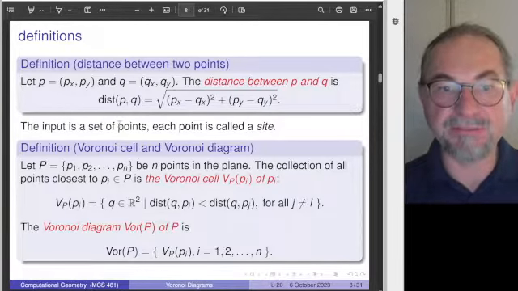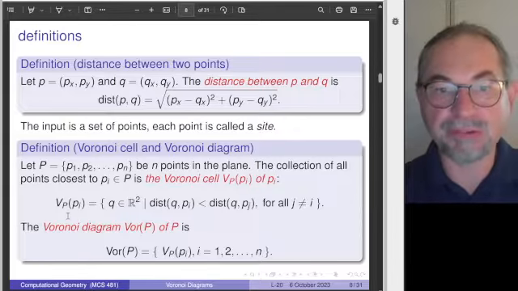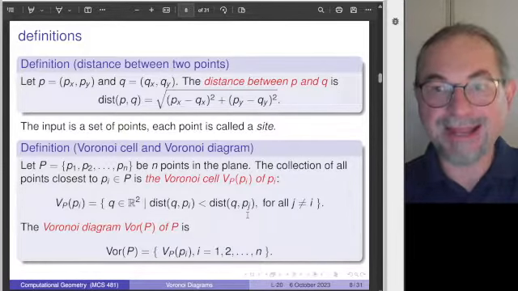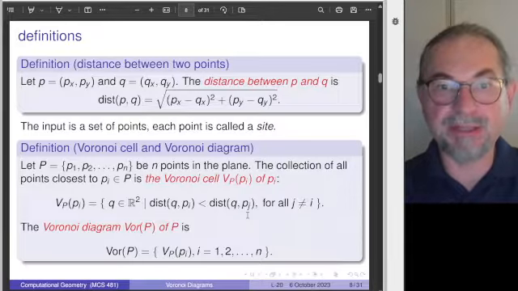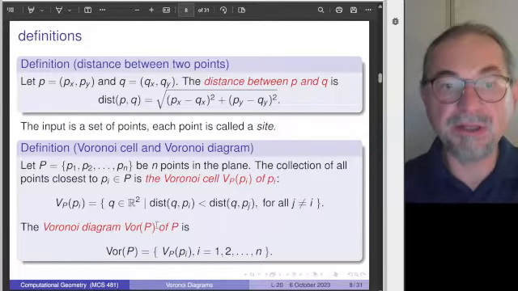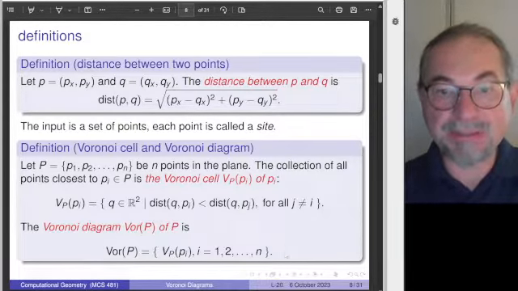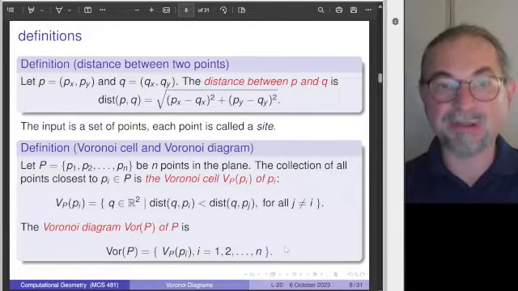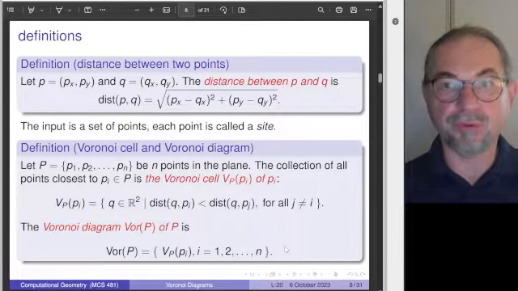So here you see the definition of a Voronoi cell. It consists of all points that are closest to the current point Pi than any other point in that input set. Then the Voronoi diagram is simply the collection, the set of all the Voronoi cells.